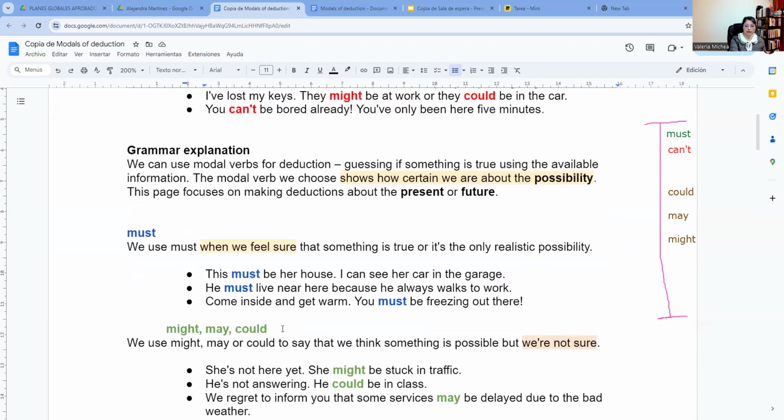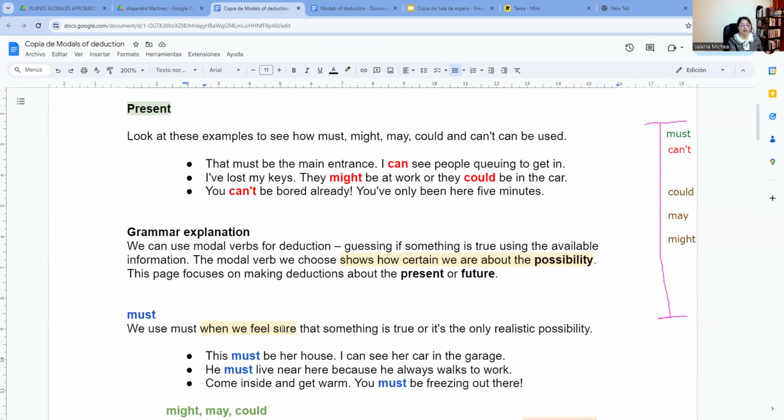I know that they could be confusing sometimes for us Spanish speakers, especially because we don't have so many modal verbs of possibility in Spanish, but this is an approximation that we need to take in order to be sure to be using the correct modal verb when we are speaking about possibility.